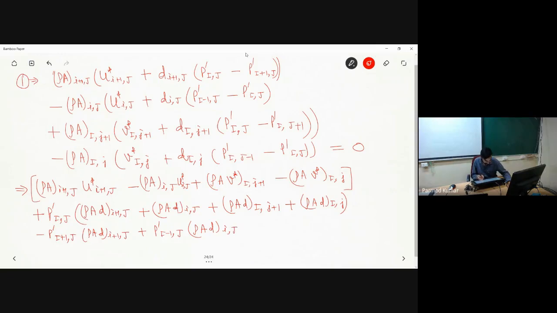Okay, then after this I am having one more term as minus p dash I comma j plus 1, and its coefficient will be rho a into d at point capital I comma small j plus 1, and then I will be having plus p dash at point I comma j minus 1 times rho a d at point capital I comma small j, and this will be equal to 0.